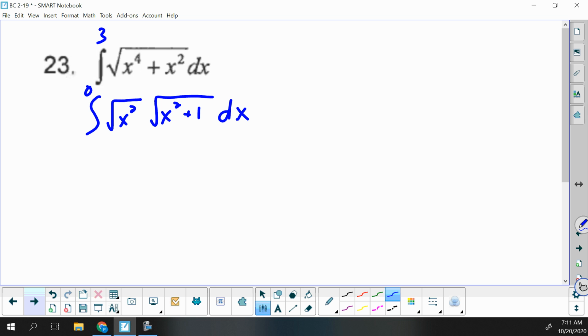On the original problem, I didn't have that written in. So this becomes the integral of absolute value of x from 0 to 3 square root of x squared plus 1 dx. But because we're going from 0 to 3, absolute value of x is just x.